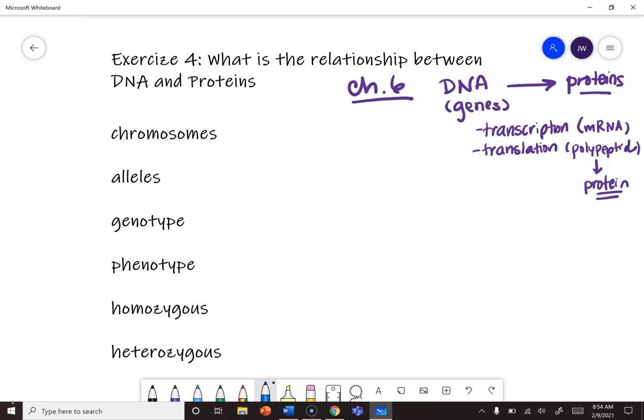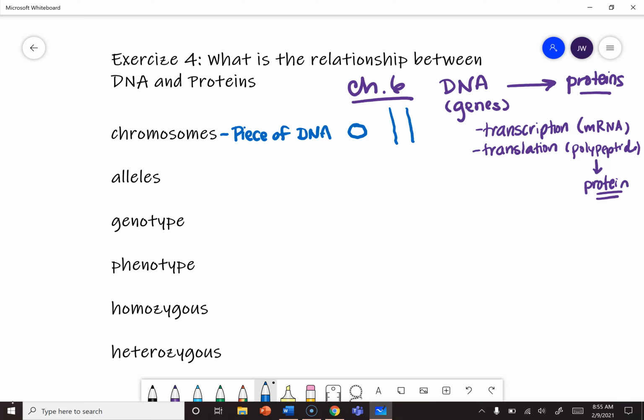The first one is a chromosome. A chromosome is basically just a piece of DNA. We learned about these a little bit in Chapter 4. Even though you didn't know you were necessarily learning about chromosomes, we learned that in bacterial cells we have singular circular chromosomes, and in eukaryotic cells we have multiple linear chromosomes.